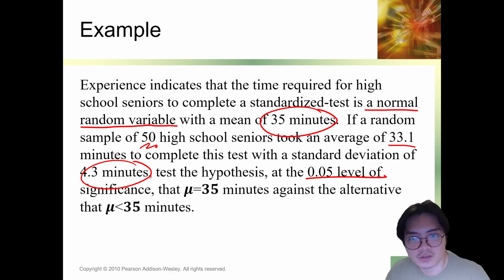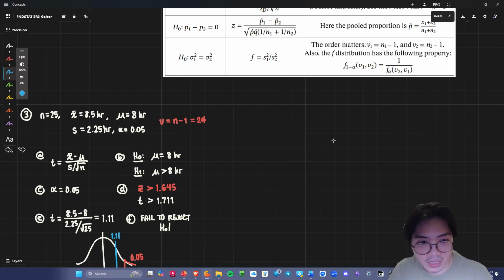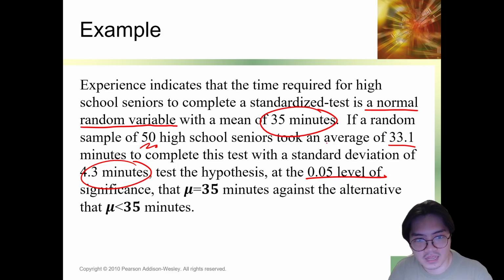Here, we are being told specifically that this is a normal random variable. Even if it seems like the standard deviation in here is 4.3 minutes just based on the sample of 50 high school students, we can say that we know enough because they said it for us.